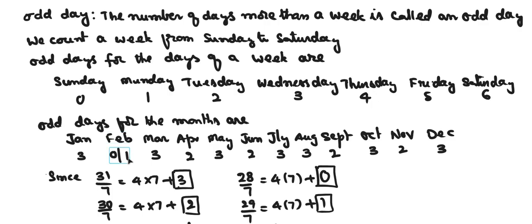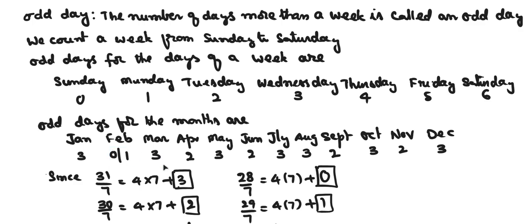Whereas for a leap year we have 29 days in the month of February. So 29 by 7 will leave a remainder 1. So therefore we have 1 odd day for the leap year in the month of February.